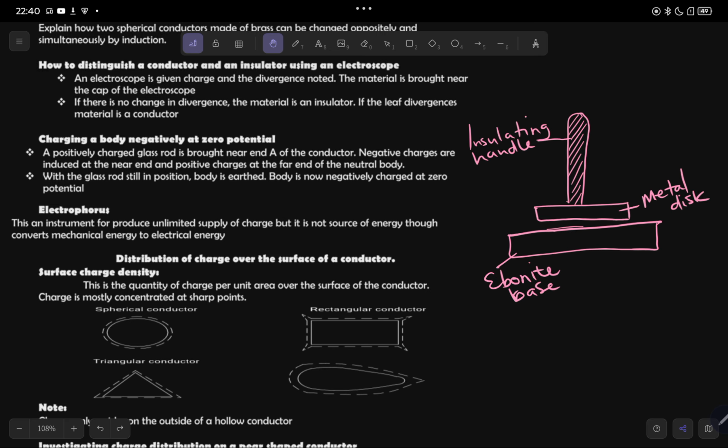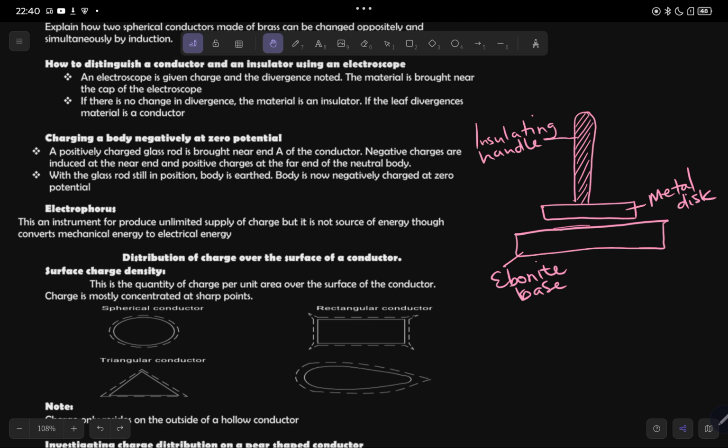After charging the base negatively, we bring a metal disc which is attached to an insulating handle. We bring the metal disc and place it on top of the negatively charged ebonite base. As you can see on the screen, the ebonite base has been charged negatively by rubbing it with a duster.